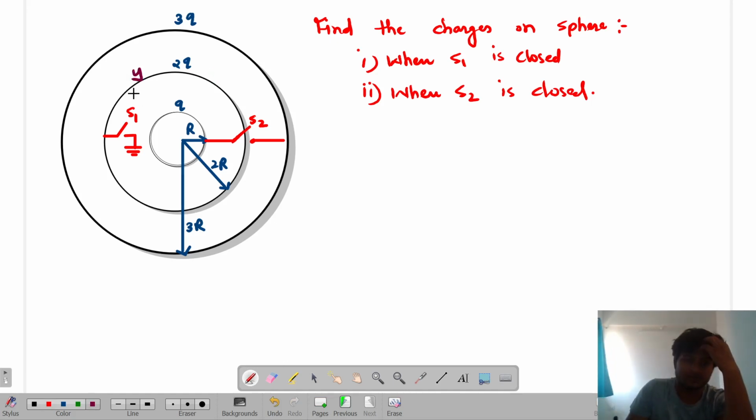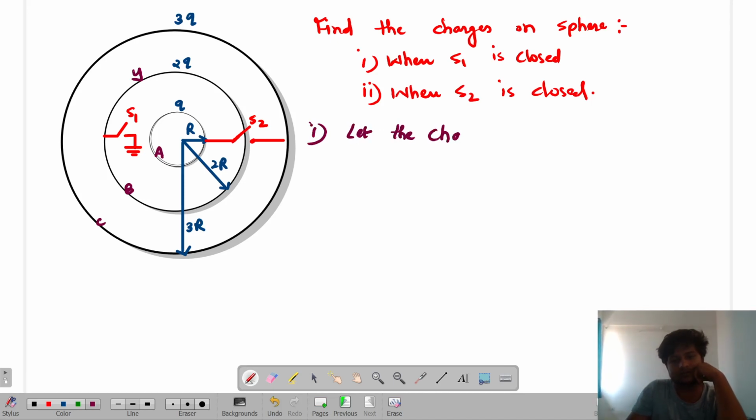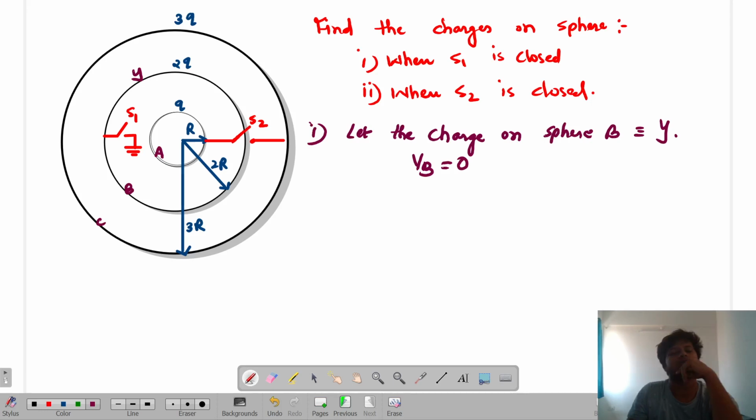Why? For that sphere, the net potential will be how much? Zero. Let us consider these as A, B, C. So in the first case, let the charge on sphere B be Y, isn't it? But the net potential of B will be equal to zero. So how do I write the equation?